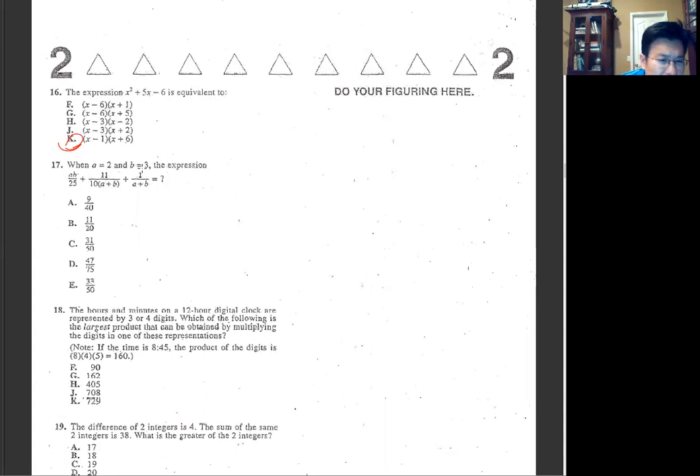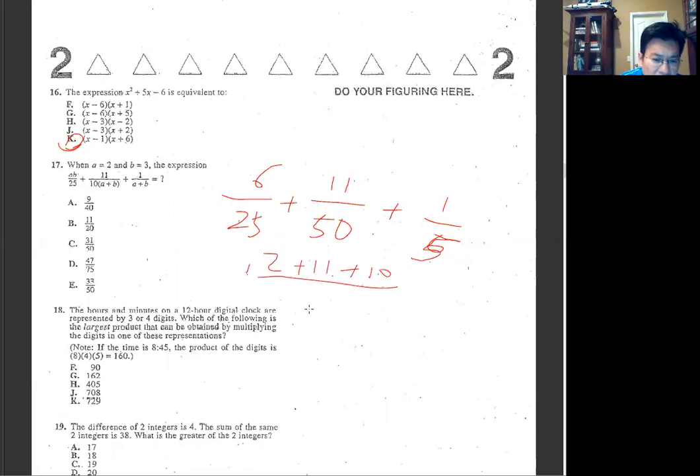And then plug in this 2 and 3, 6 over 25 plus 11 over 50 plus 1 over 5. So let's make it 50 altogether: 12 plus 11 plus 10 over 50, 21, 33. So let's see.